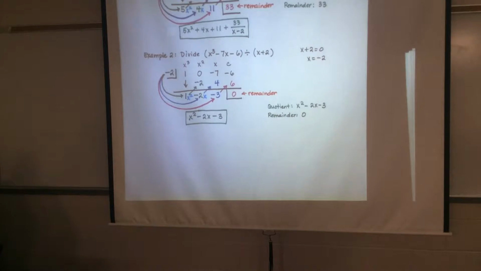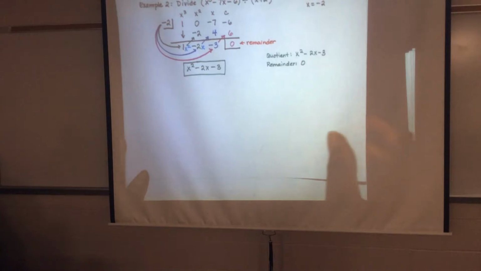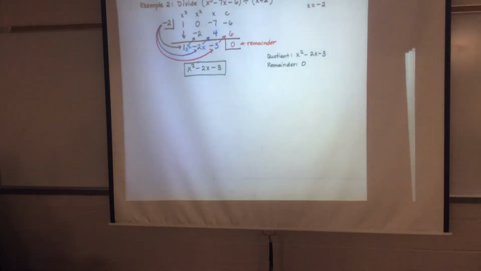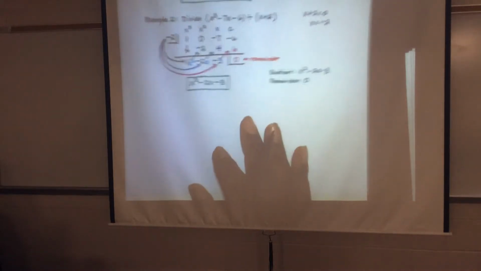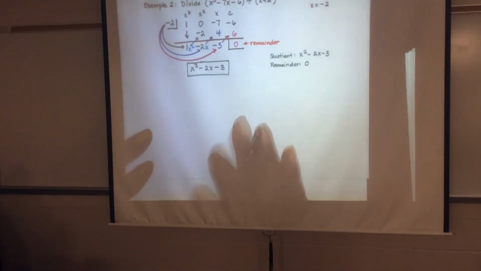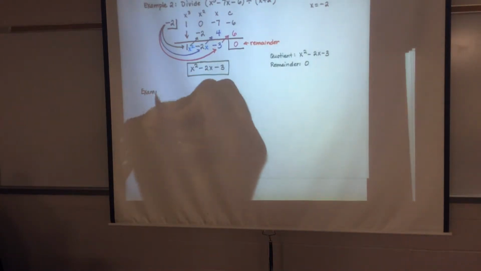Okay, I had one more example of a synthetic division that I wanted to cover at the end of last class. So I'll go ahead and do that right now. Okay, here's example 3.